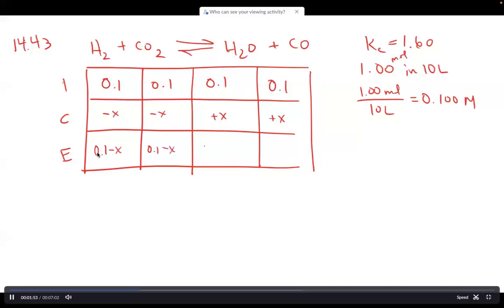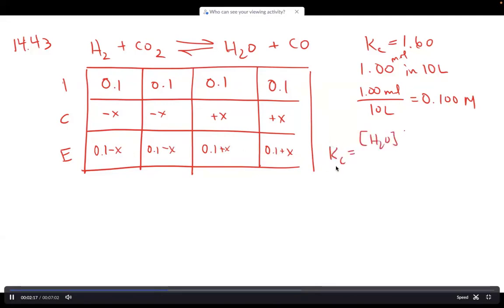So as an equation, it would be 0.1 minus X for our reactants and 0.1 plus X for our products.